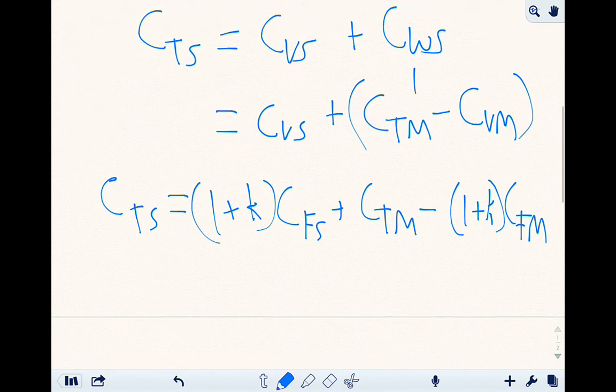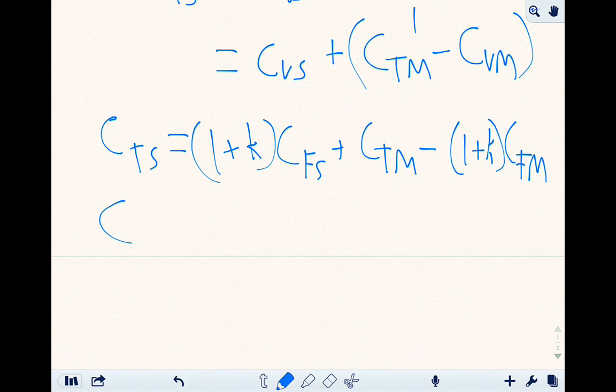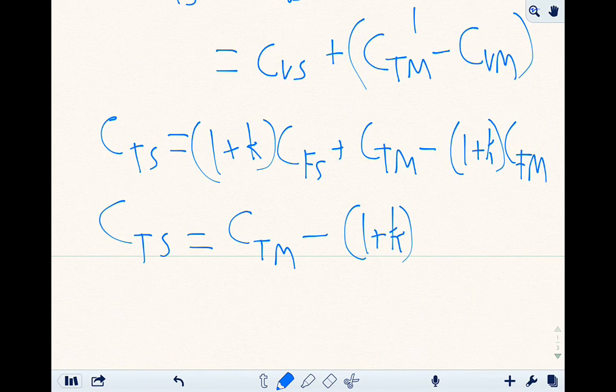And let's rearrange that. So that's one form of it. It's analogous to what we had with Froude. Rearrange it as CTS, the total drag coefficient of the ship, is equal to the total drag coefficient on the model, which we can measure through a resistance test, minus 1 plus K, and I'm just going to group terms here, times the difference between the frictional drag on the model and the frictional drag on the full-scale ship.